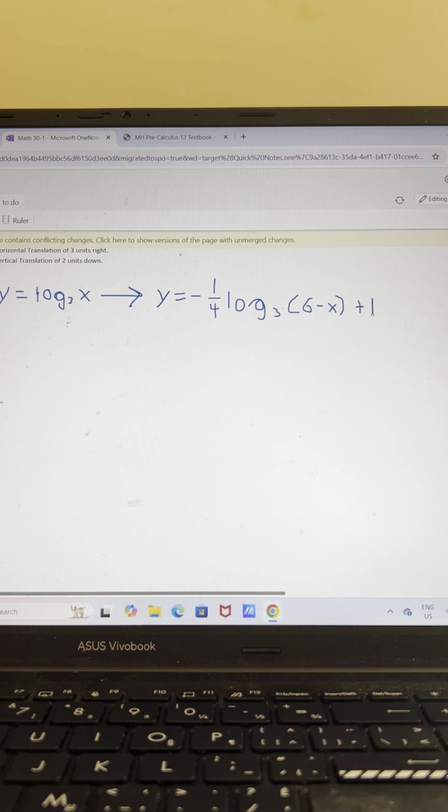Yeah, okay. So this 6 minus x here kind of looks off, right? We should always have the x in front. So we're just going to rewrite this equation right here.